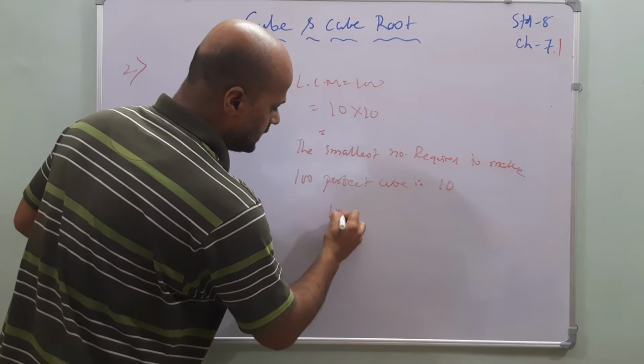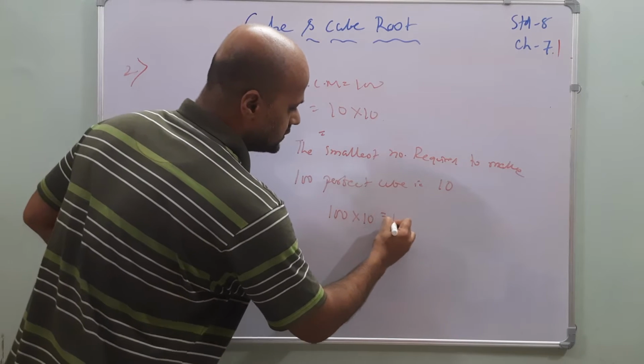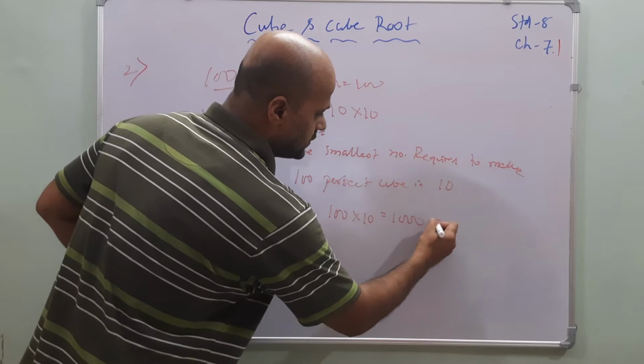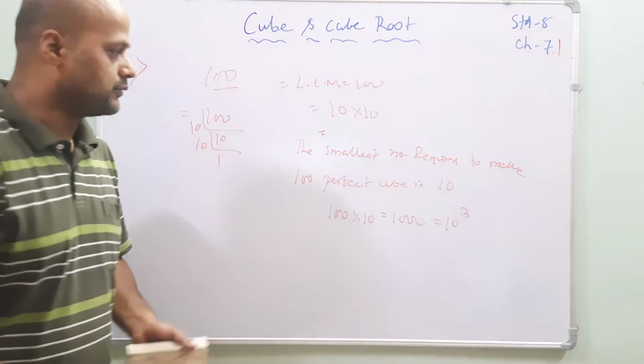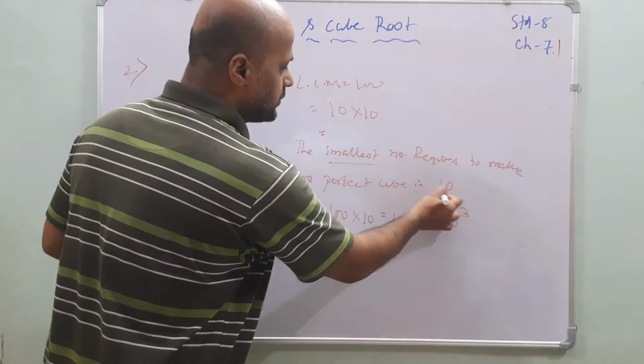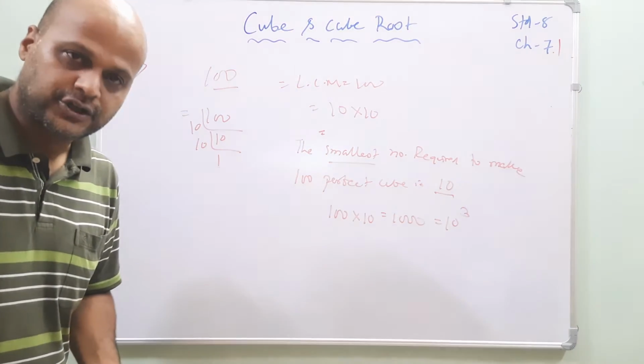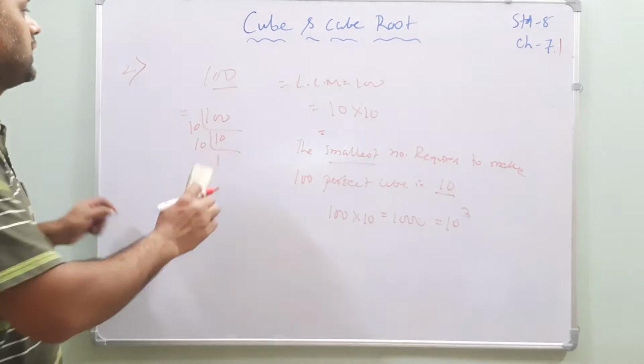That is, 100 into 10 is equal to 1000, which is 10 to the power of 3. So this is the answer you have to write. What is the smallest number required? The smallest number is 10. Understood, my dear friends? Let's go to another example.